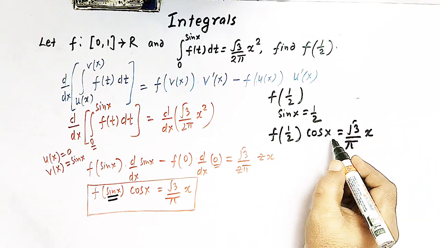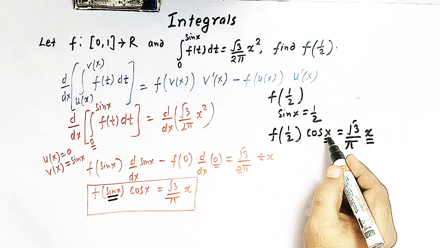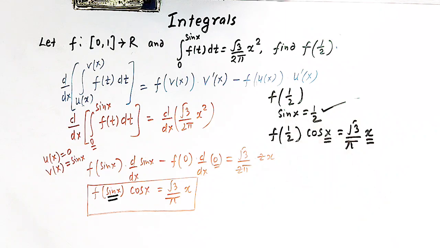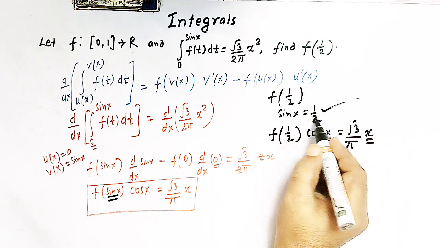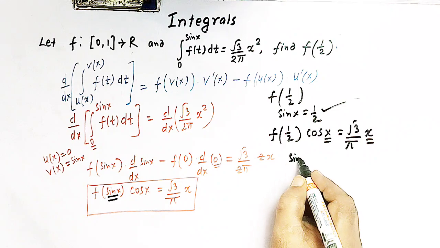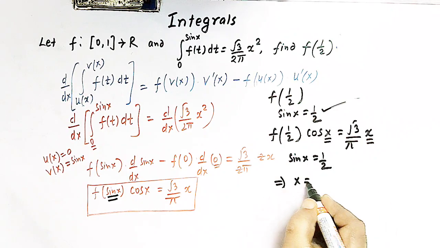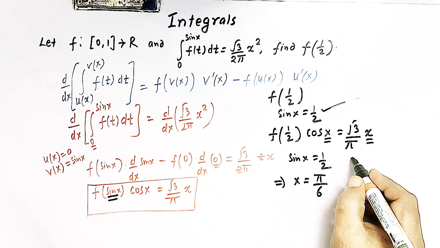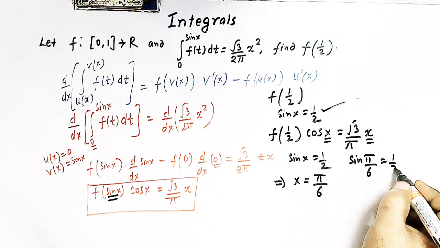Now we need to find the value of x, and we utilize the relation sin x equals half, a trigonometric equation. It gives us x equals pi by 6, because sin of pi by 6 is equal to half.